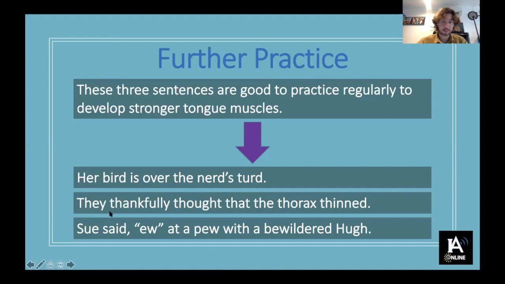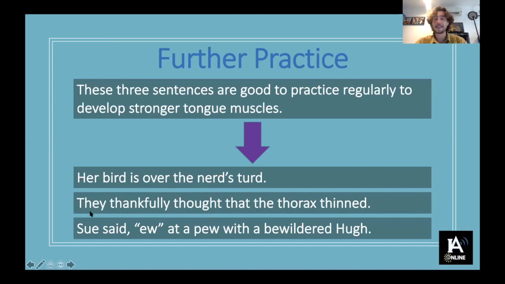And the next one, they thankfully thought that the thorax thinned. So take note, understand here how the TH differs. Listen to when I sound the TH as v, and when I sound the TH as f.